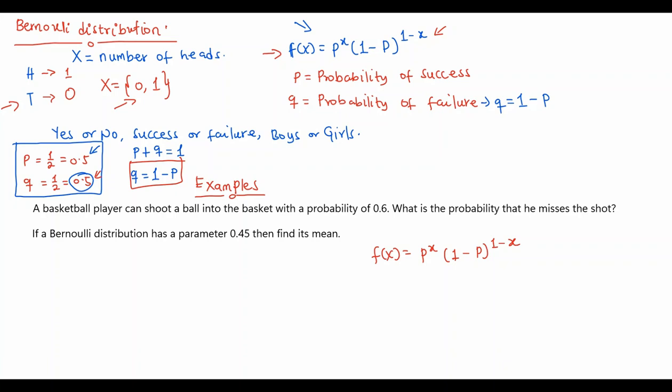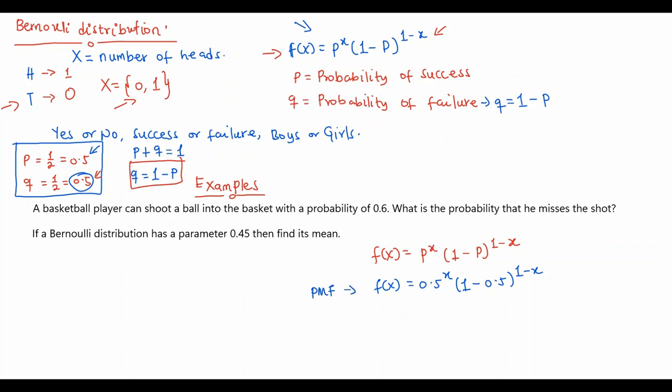Okay, so in this case, we know our p to be equal to 0.5, so we are going to have f of x equal to 0.5 to the power x, multiplying 1 minus 0.5 to the power 1 minus x. So this becomes the probability mass function.